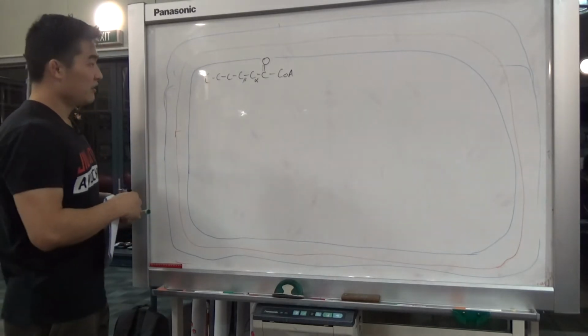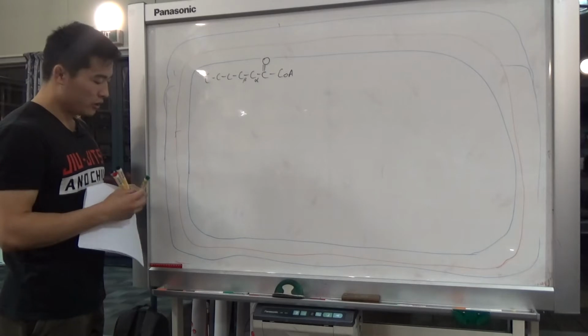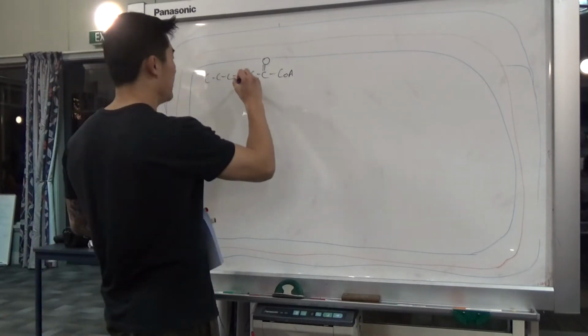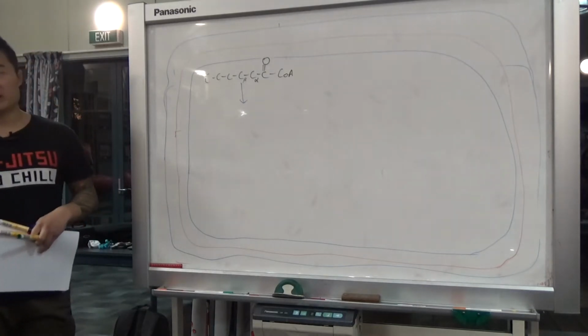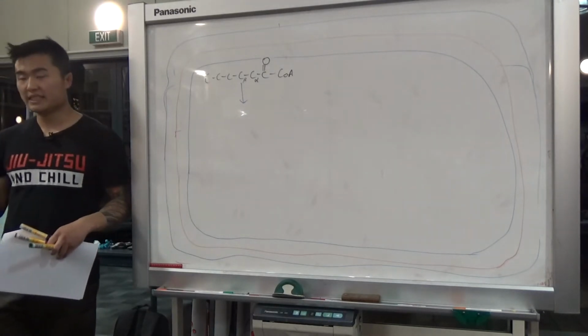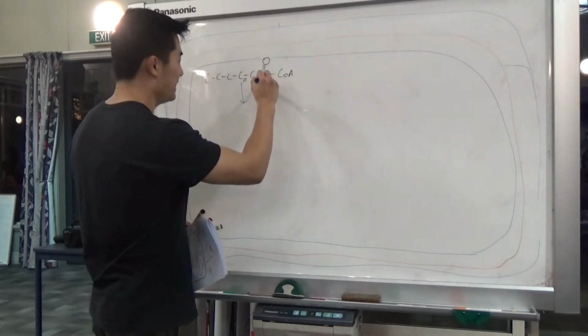So this is our acyl-CoA, and then we are going to oxidize it. Up till now we used NAD plus to oxidize, but this time we're going to use FAD.